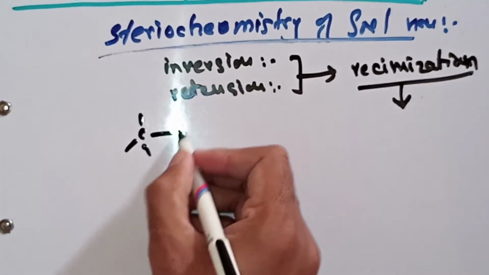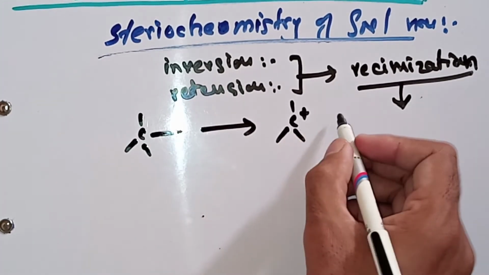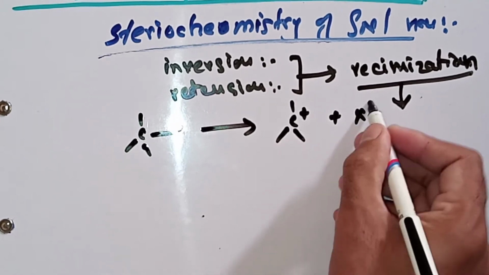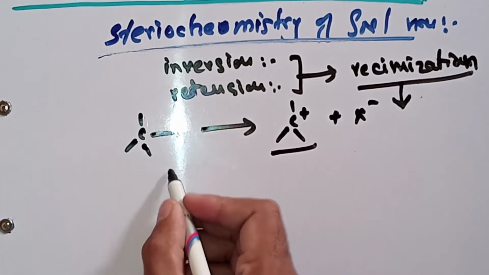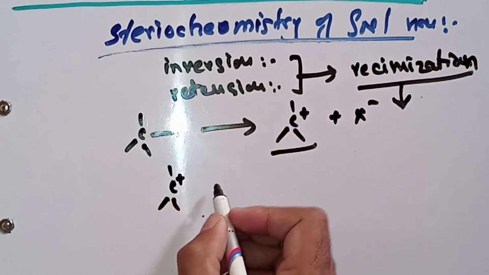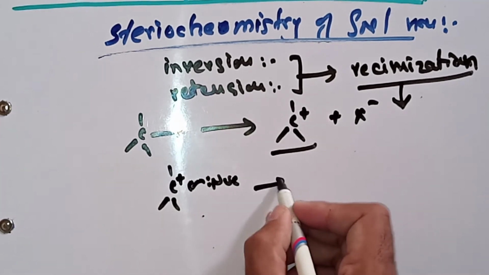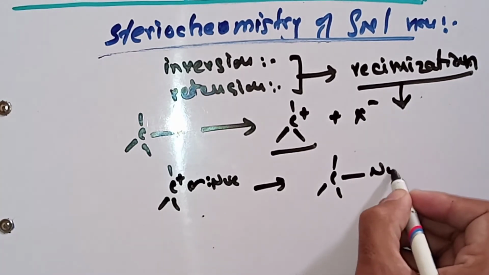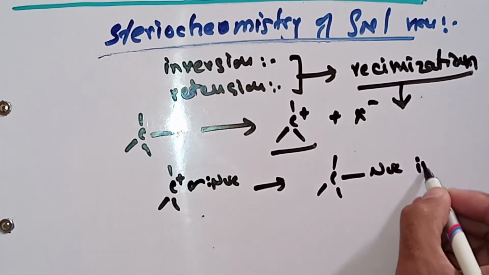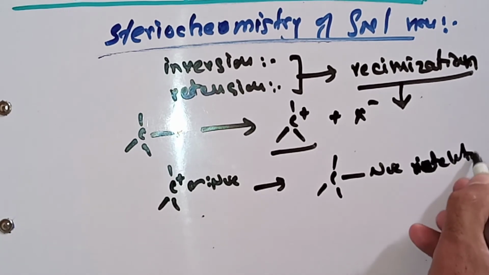Let's suppose this is the first step of the reaction, this carbocation. When the nucleophile attacks from the front side, it generates the retention product.